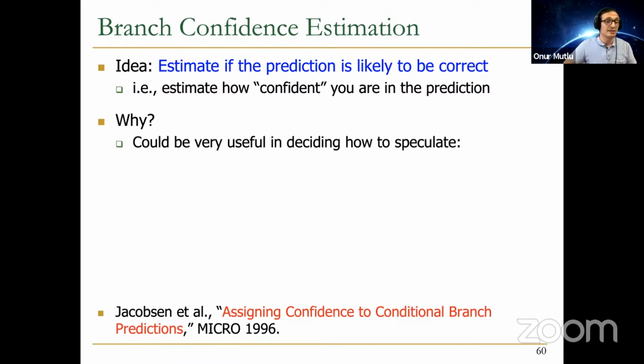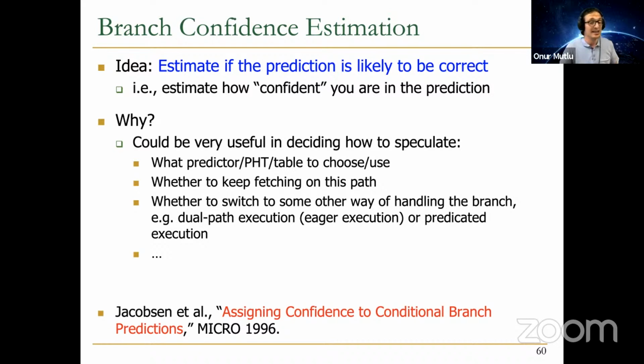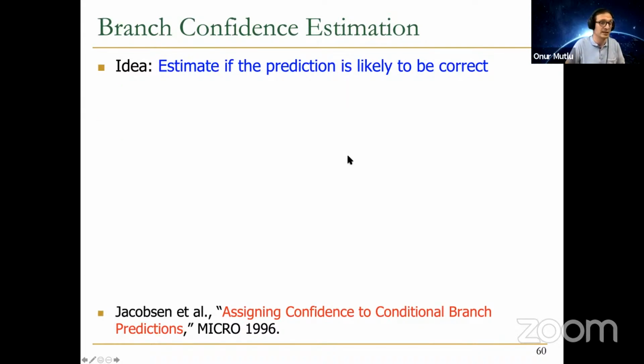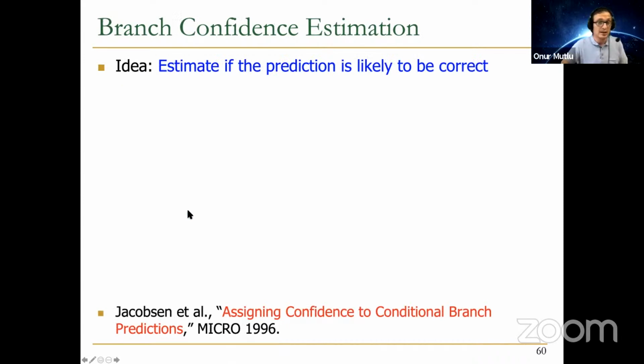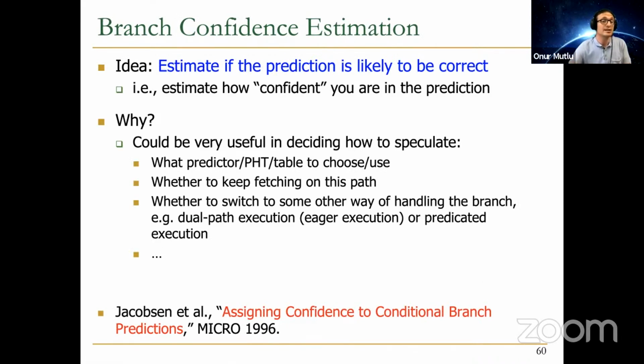So why do you do this? It could be very useful in deciding how to speculate. For example, what predictor or pattern history table entry or what table to choose or use. So actually, it's used, for example, in deciding statistical correlation, and it's also inside TAGE over here. And it could be useful in deciding whether you want to keep fetching on this path. Maybe you stop fetch. Basically, you say, oh, I'm not confident, so I don't want to fetch to save power, right?